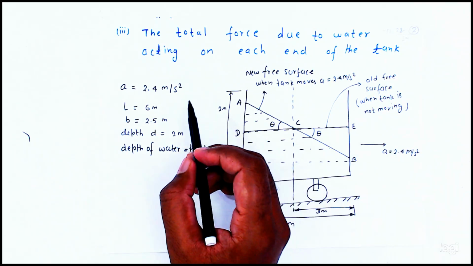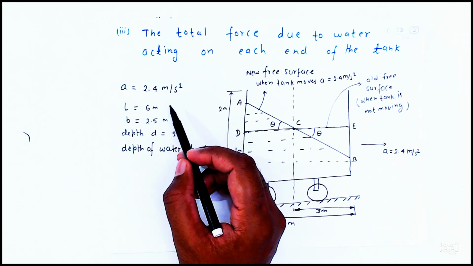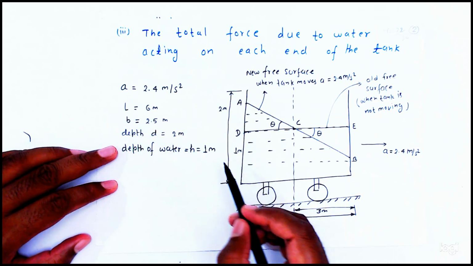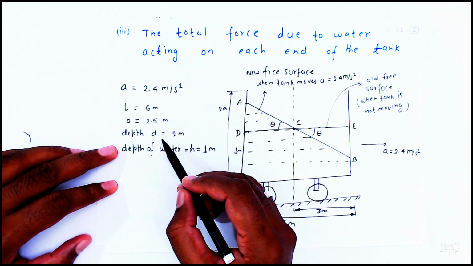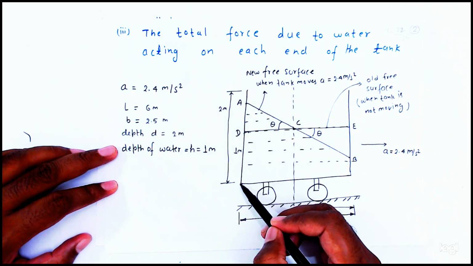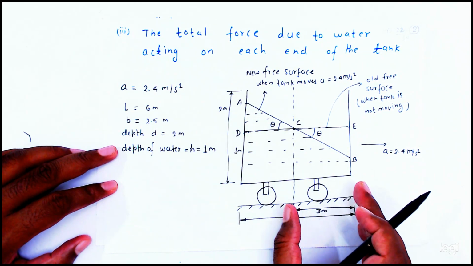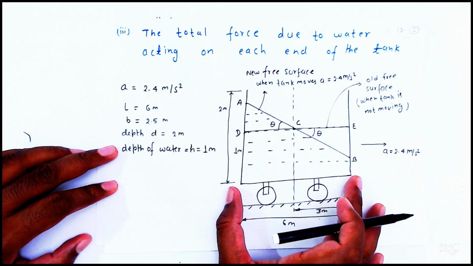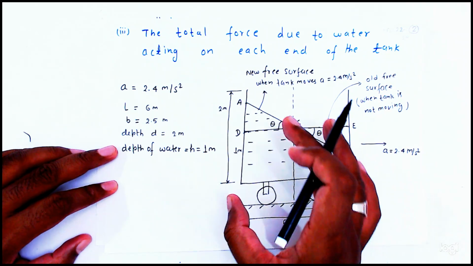Now here the dimensions are given: acceleration 2.4 meter per second square, length equal to 6 meter, width equal to 2.5 meter and depth of the tank equal to 2 meter. That's why I'm saying that I'm making the dimensions a little bit wrong, so please understand this length is 6 meter and this is 2 meter.